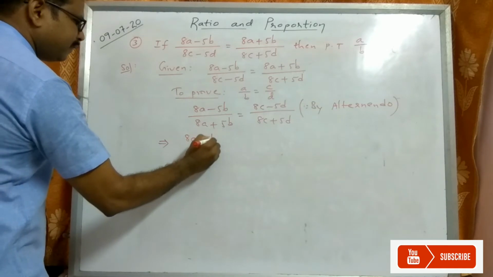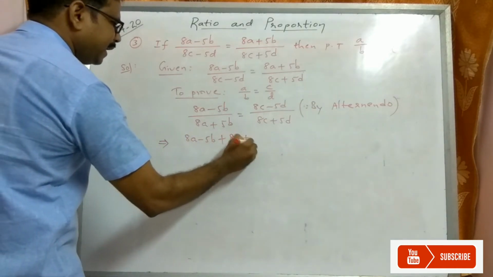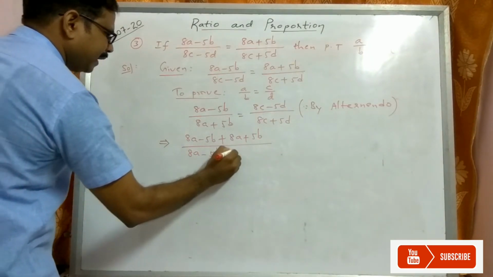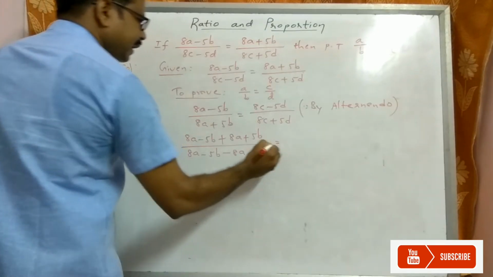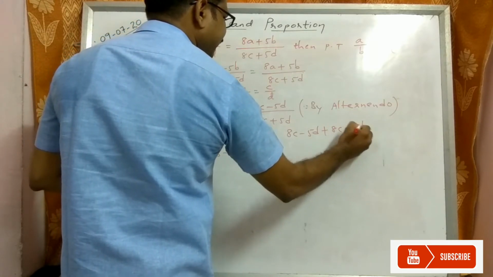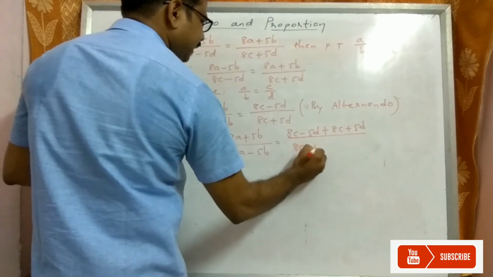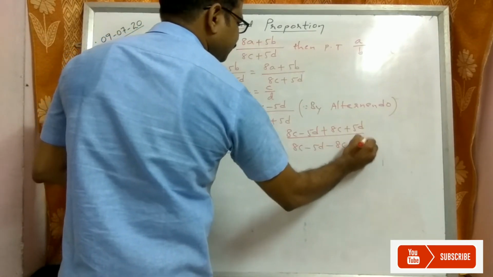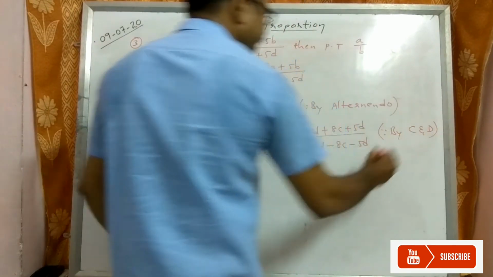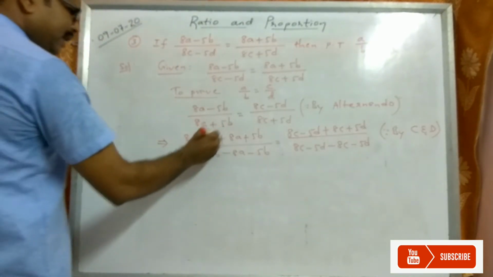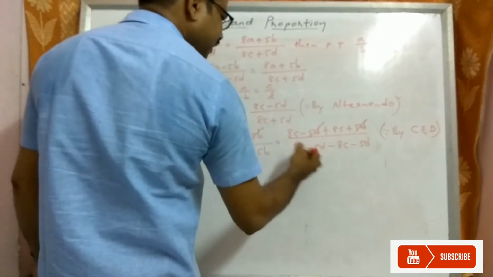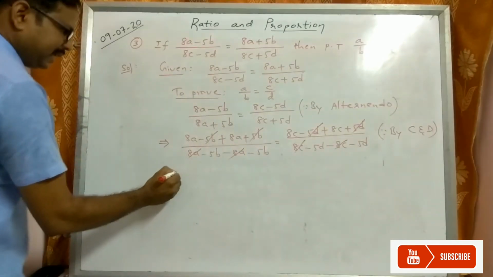So 8a minus 5b plus 8a plus 5b upon 8a minus 5b minus 8a minus 5b equal to 8c minus 5d plus 8c plus 5d by 8c minus 5d minus 8c minus 5d, since by componendo and dividendo. Okay? Now similar terms cancel.